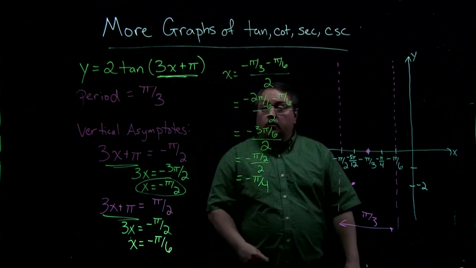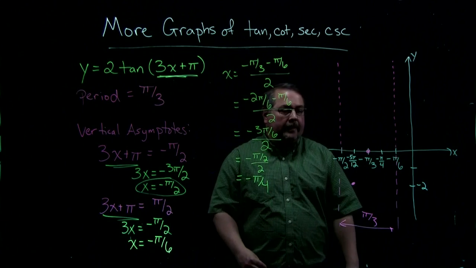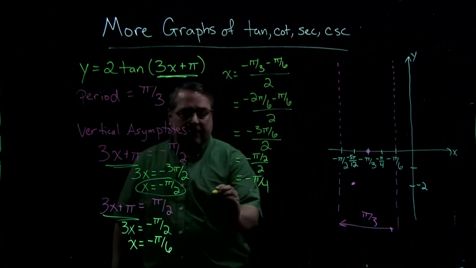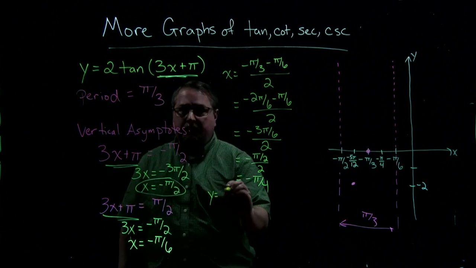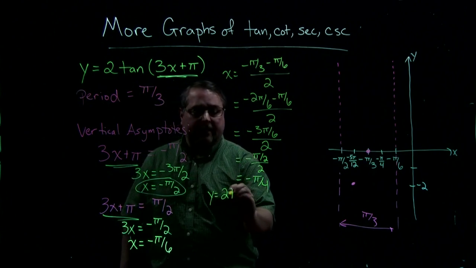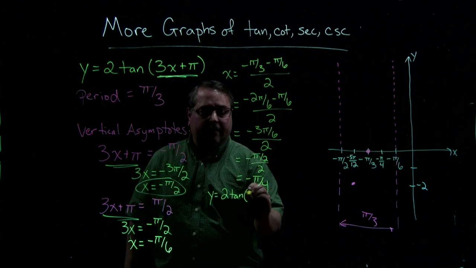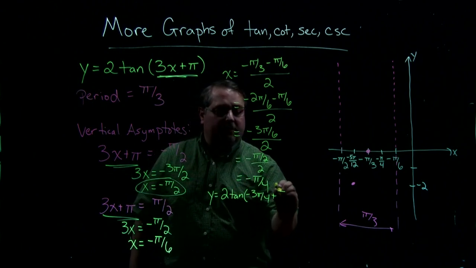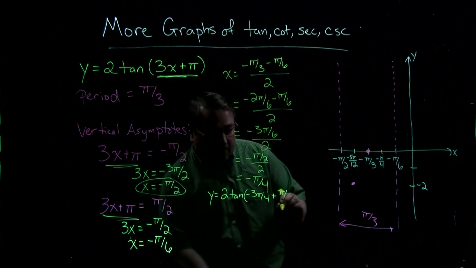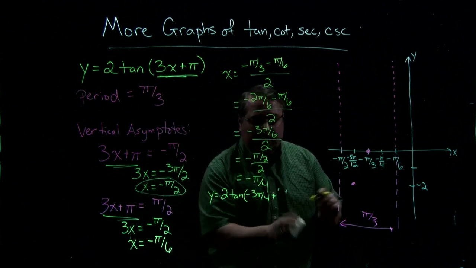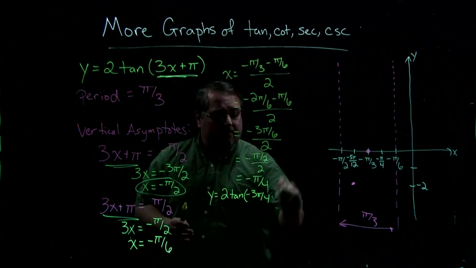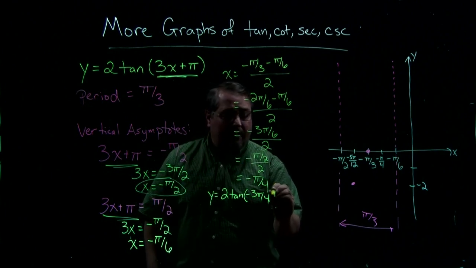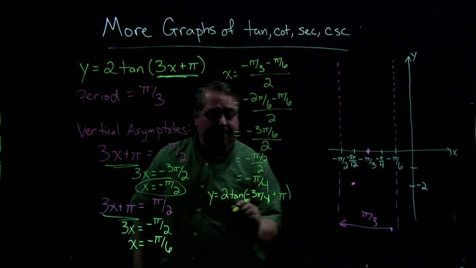Okay, so our last point here will be at negative pi over 4 equals x, and then to find the y, we're just going to plug that into our tangent. So we'll have 2 times the tangent of negative 3 pi over 4 plus pi, which is 4 pi over 4. So negative 3 times pi over 4 plus 1 pi.